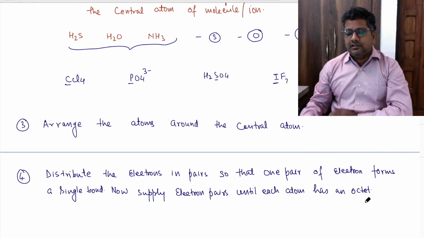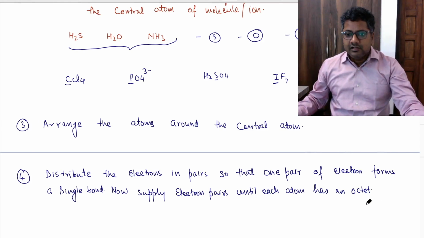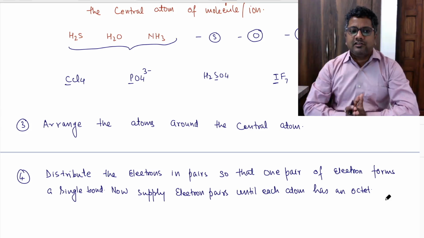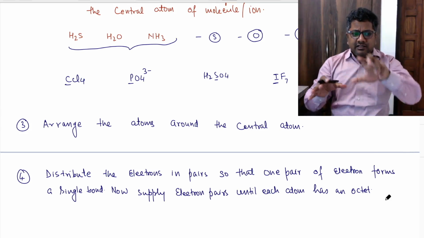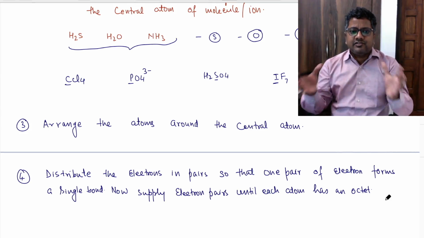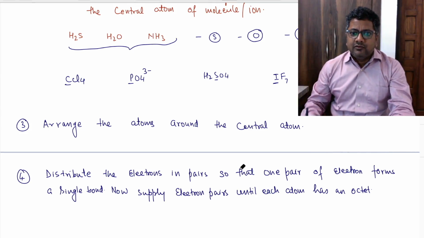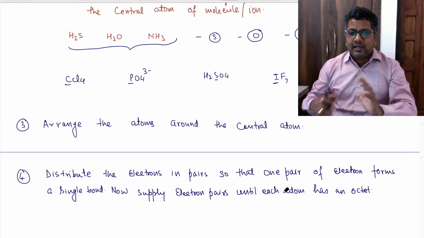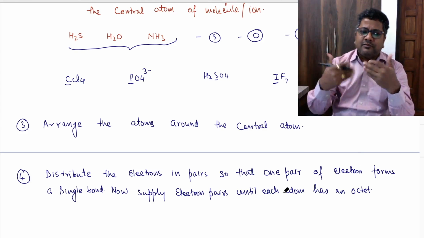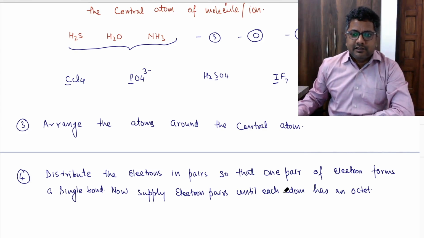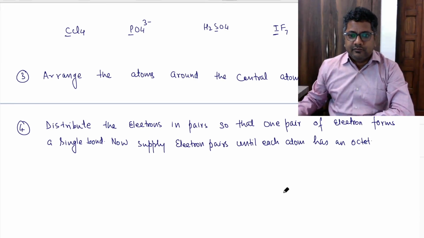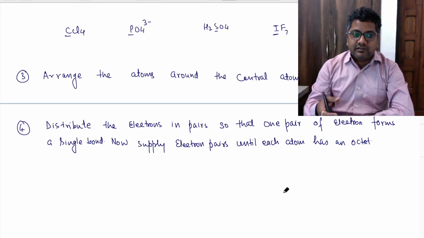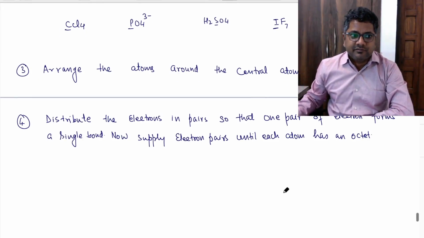So in this way you can do. Don't see how many electrons are there in the valence shell of the central atom. You have to try to complete 8 electrons for each atom, and the exception is hydrogen. Along with this statement you have to use your skill also to find whether this is 8 electrons in the valence shell or only 2 electrons. So you have to use all those previous concepts here, right?